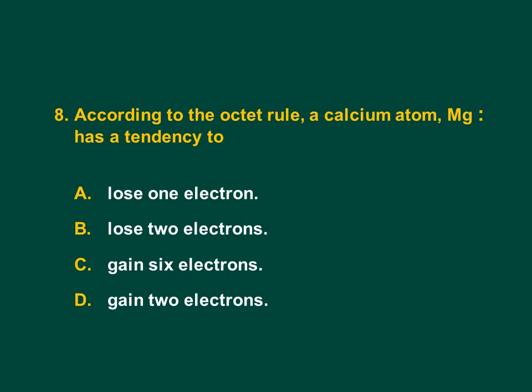Which one is the correct choice? Mg has 2 electrons in the outermost energy level. It will lose 2 electrons to convert into a positive 2 ion.